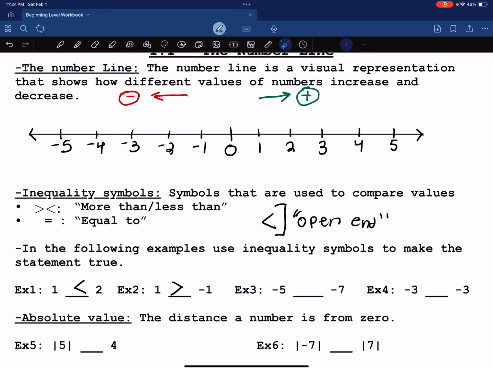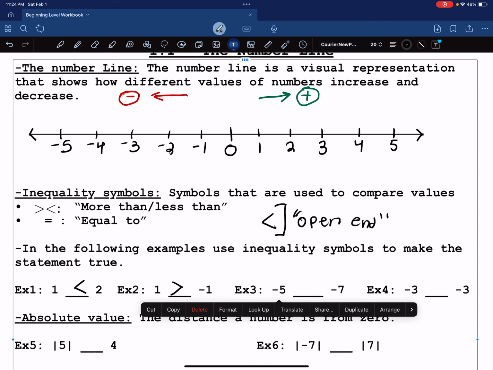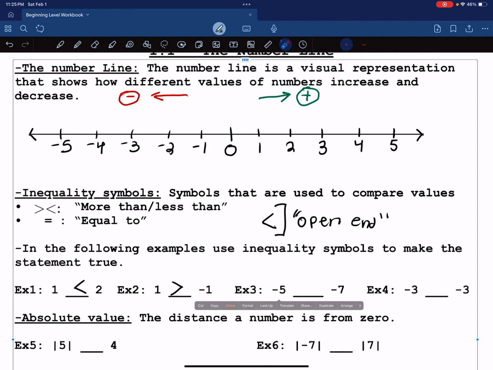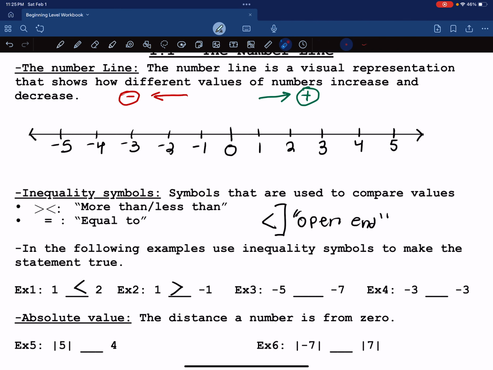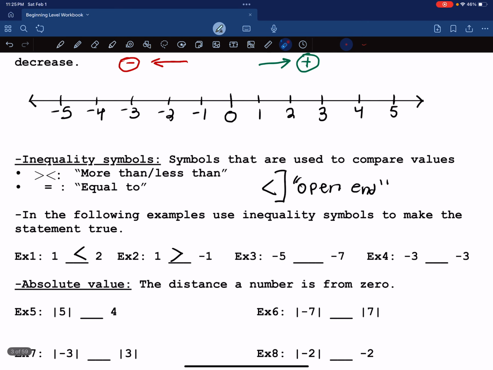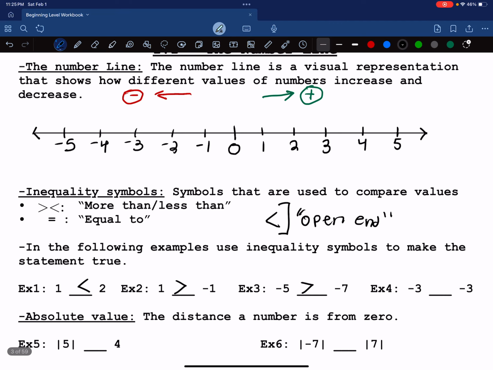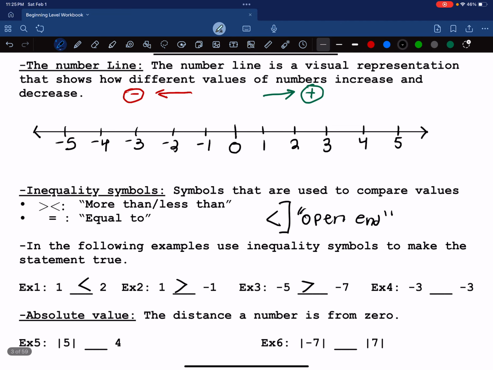So one thing I do want to point out is negative numbers, when you're comparing two negative numbers, it can kind of get confusing at first because it's not as intuitive as positive numbers. So in this case, -5 is actually larger or greater than -7. So we're going to want the open end facing towards that -5. And the reason being, if you think about it like this, right?